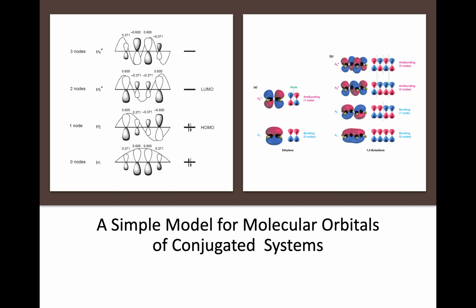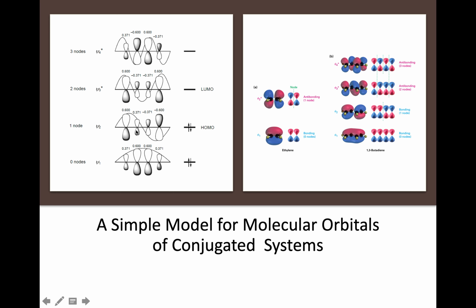Okay, so that may just look like kind of a cute coincidence, but in fact, what also turns out to be the case is that you can do a reasonable job predicting the relative energies of these pi molecular orbitals from the particle in a box model.